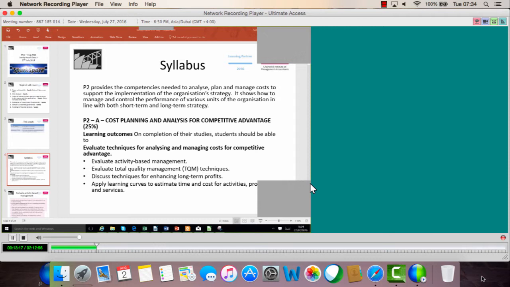The P2 syllabus provides the competencies needed to analyse, plan and manage costs to support the implementation of the organisation's strategy. It shows how to manage and control the performance of various units of the organisation in line with both short-term and long-term strategy.